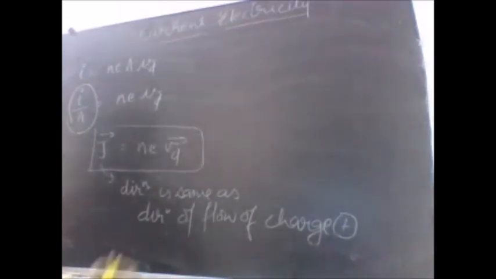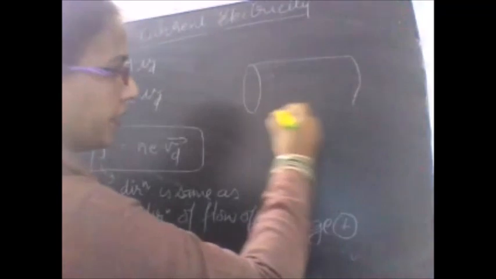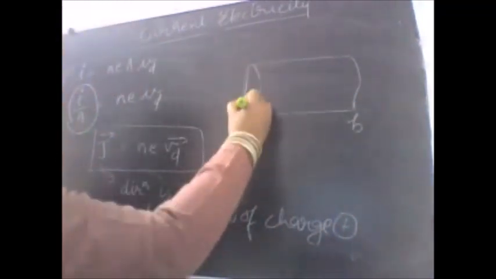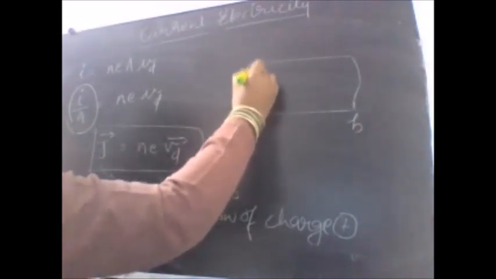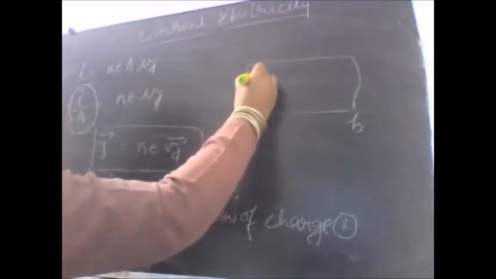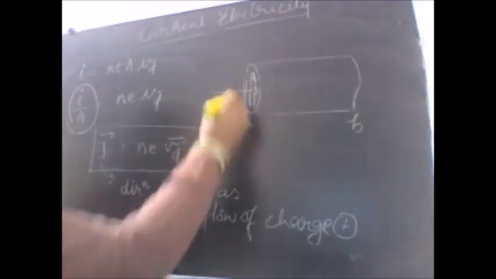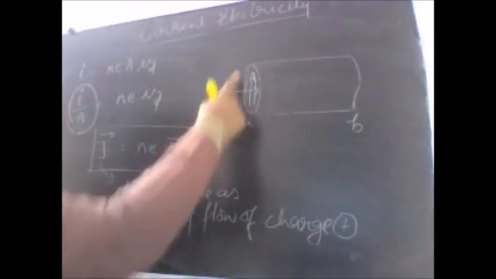So if I am saying that okay, same example, let us take, this is a small piece of wire AB and this is the cross sectional area, which is say capital A, and the current here is entering this cross sectional area. Isn't that the current is entering perpendicular to the surface area?